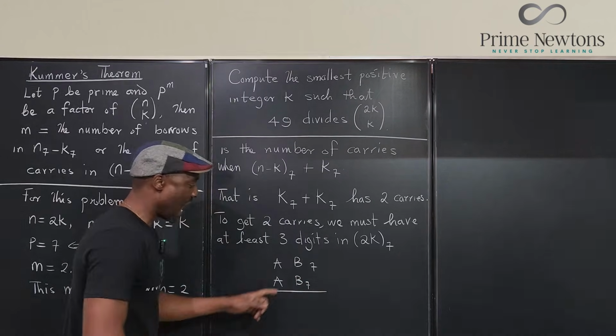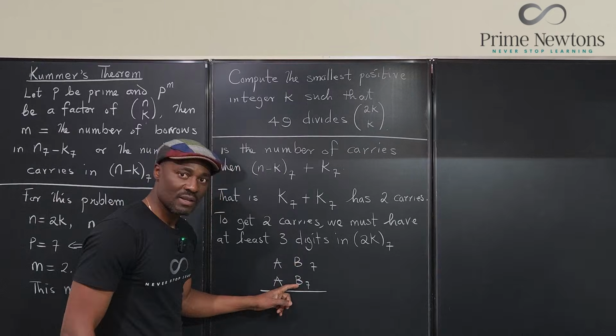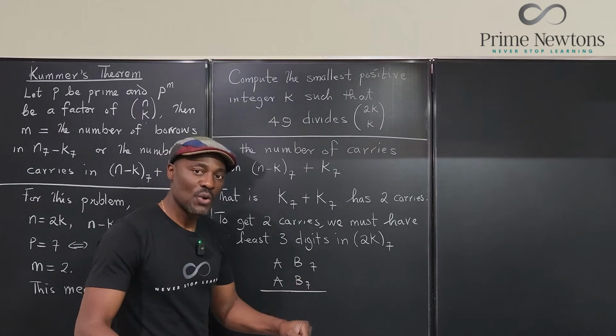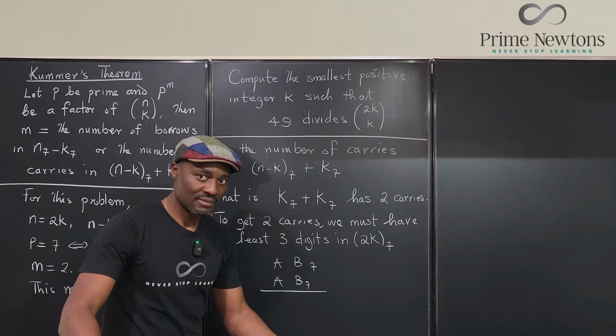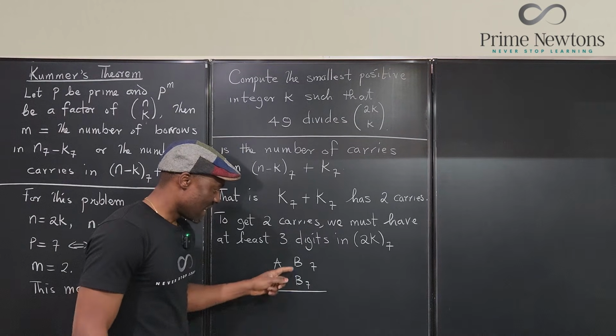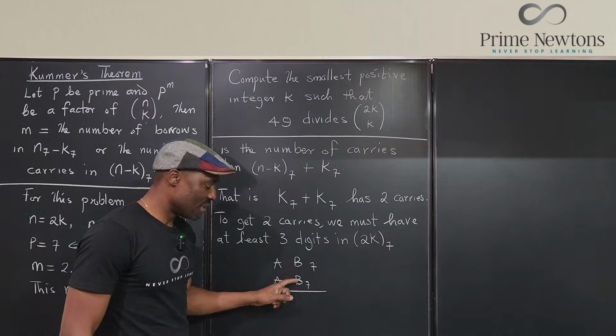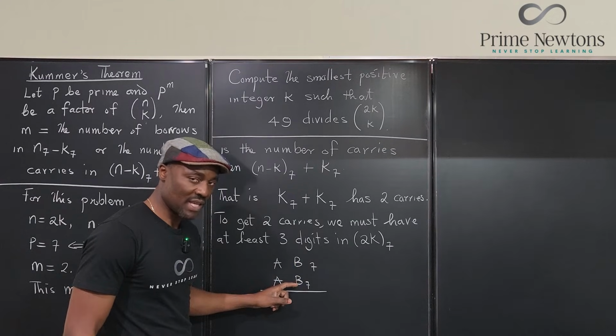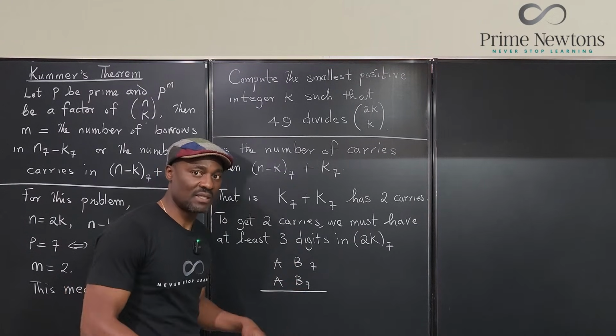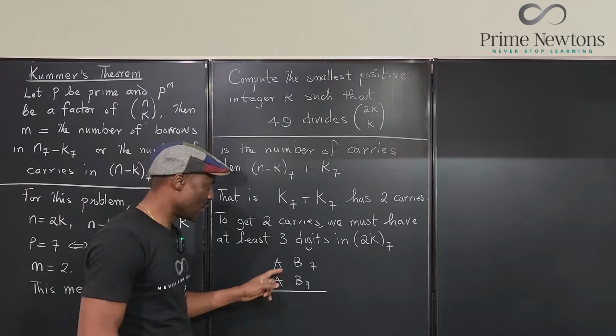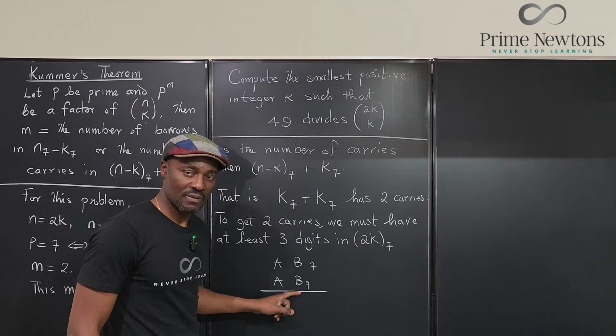Notice that when I add these two numbers together, they must be equal to or greater than 7. But the smallest number that b can be has to be 4. It cannot be 3, because 3 plus 3 is 6. You will not experience a carry.